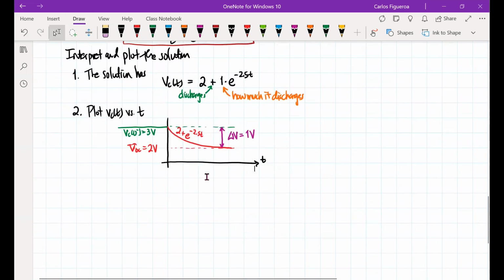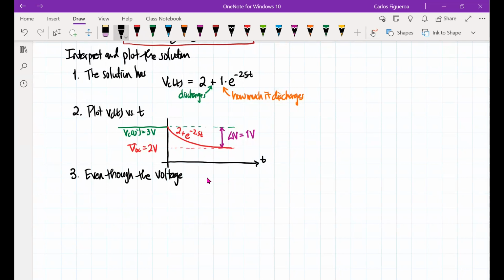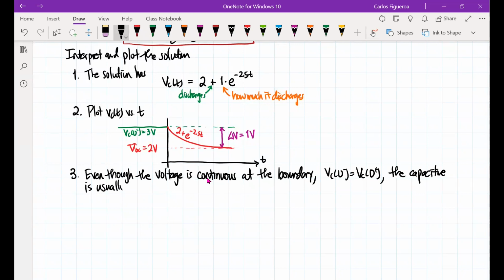Now, another thing that we should really look at here is that even though the voltage is continuous at the boundary, in other words, VC of 0 minus must equal VC of 0 plus, the capacitive current is usually not continuous or piecewise continuous.